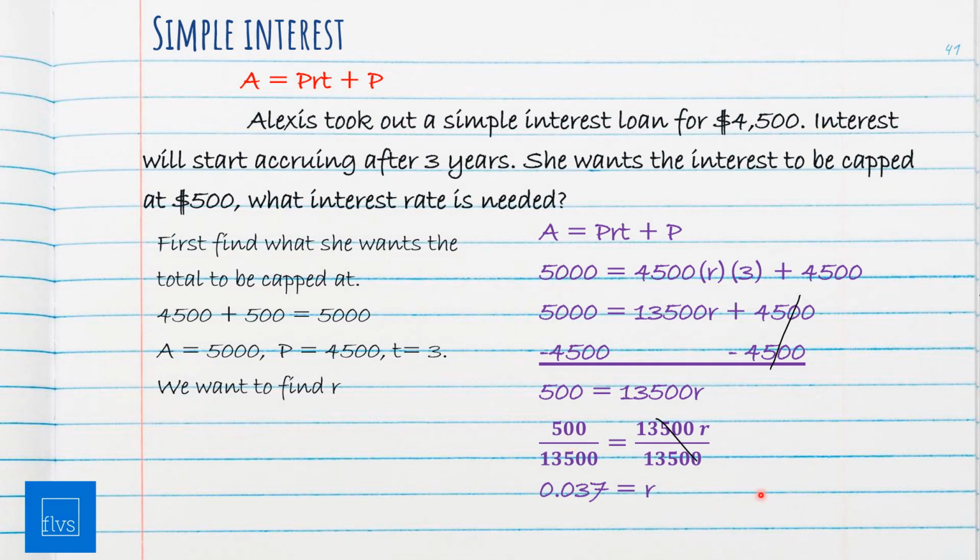When we divide 500 divided by 13,500, we get 0.037. That is our R. So remember, we need to change it to an actual percentage rate. So she needs an interest rate of 3.7%. You move that decimal 2 places to the right to get the actual percent.